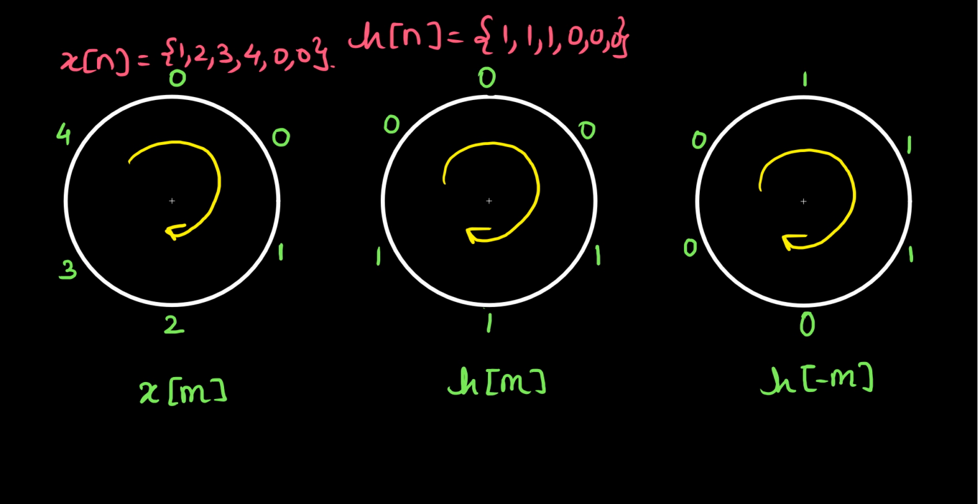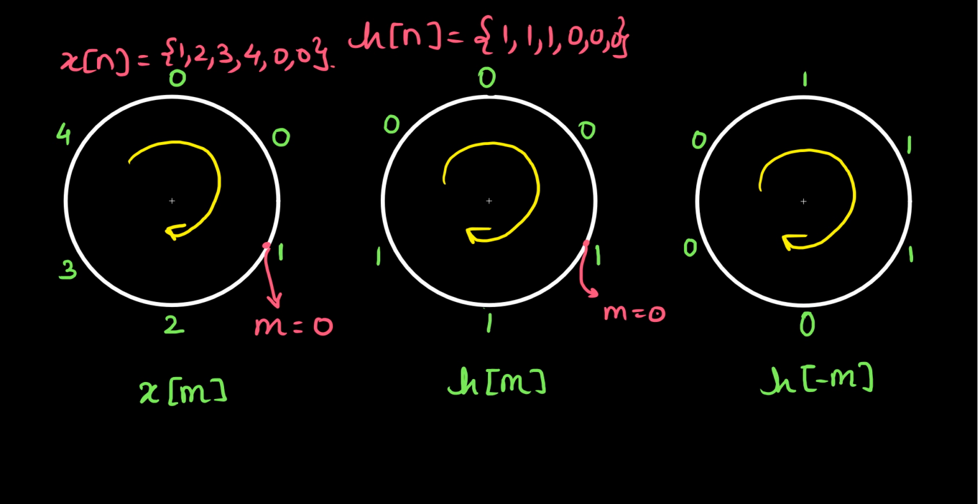So this location here is for m equal to 0 or n equal to 0, so it's simply a change of variable. Similarly, this position is for m equal to 0.